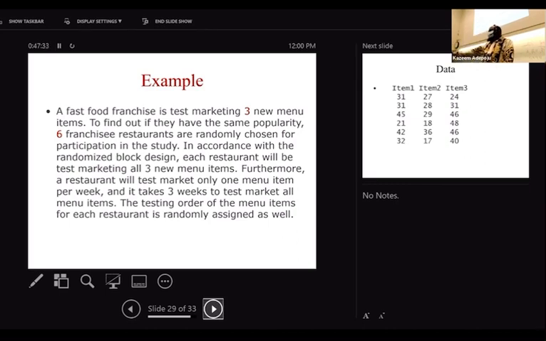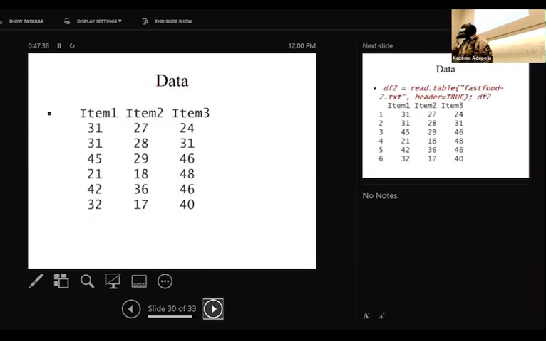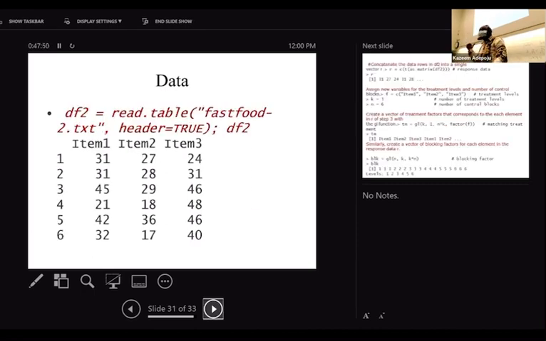A factor is the menu items, which has 3 levels, but you also need to investigate whether there's a significant difference in the franchises. The franchises are going to be a block. We have 6 levels of blocks and 3 levels of factor. This is an example of a randomized complete block design. A two-way ANOVA without interaction is called randomized complete block design. Here, we don't need any interaction at all.